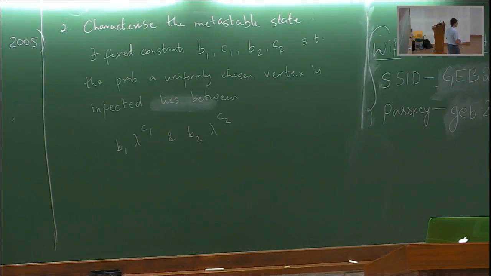And to show that the extinction time grows exponentially with some power of n, does it suffice to consider a star around one of the higher degree vertices? Exactly, that's what they do, by looking at the high degree star.